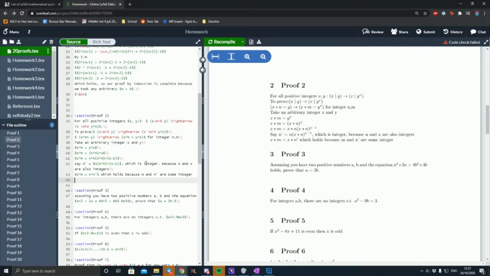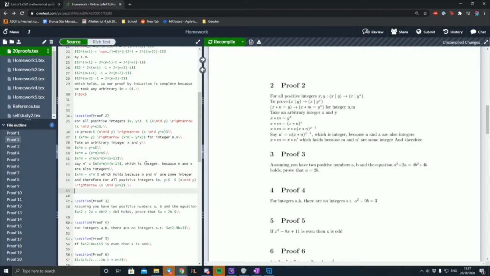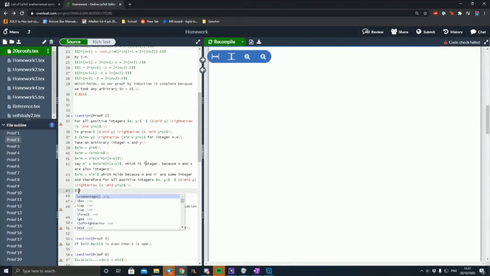Then in the bottom we can still say, and therefore, and then the original thing. And then we put a little box here.